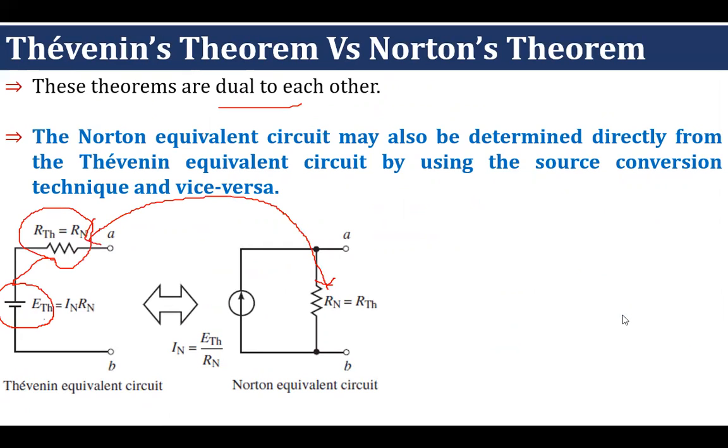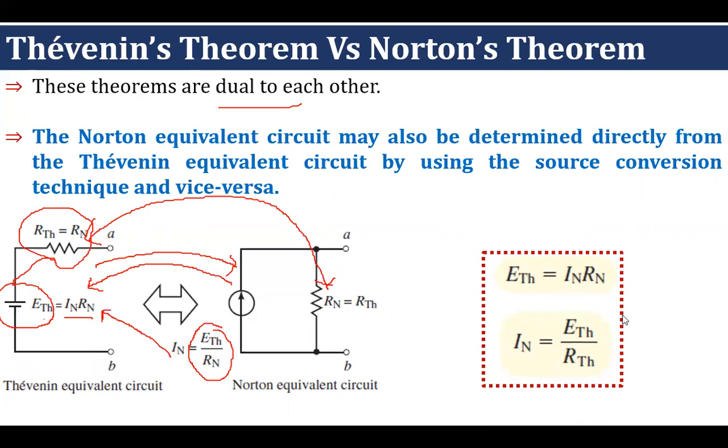If I know ETH, I can find out IN: IN will be equal to ETH upon RN, and if I know IN, I can easily find out ETH: ETH will be equal to IN multiplied with RN. So this is the source transformation. If I transform a voltage source with series resistance, I can easily get a current source with parallel resistance, and a current source with parallel resistance can easily be converted into a voltage source with series resistance.